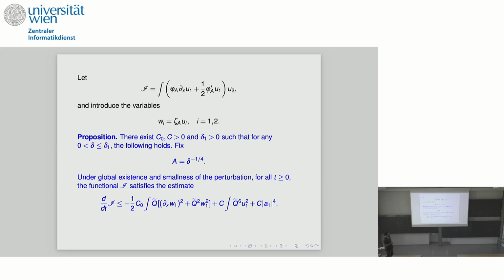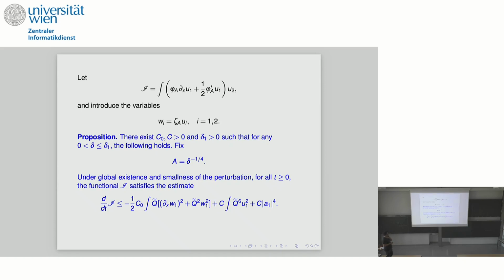So if capital A is of the size of delta to the power minus 1/4, then you can say that this virial term, its evolution is given by this quantity. What is important here is that with respect to previous results, we are able to get some positivity here, but with a local weight. And finally, we get a small term here that is bothering us.